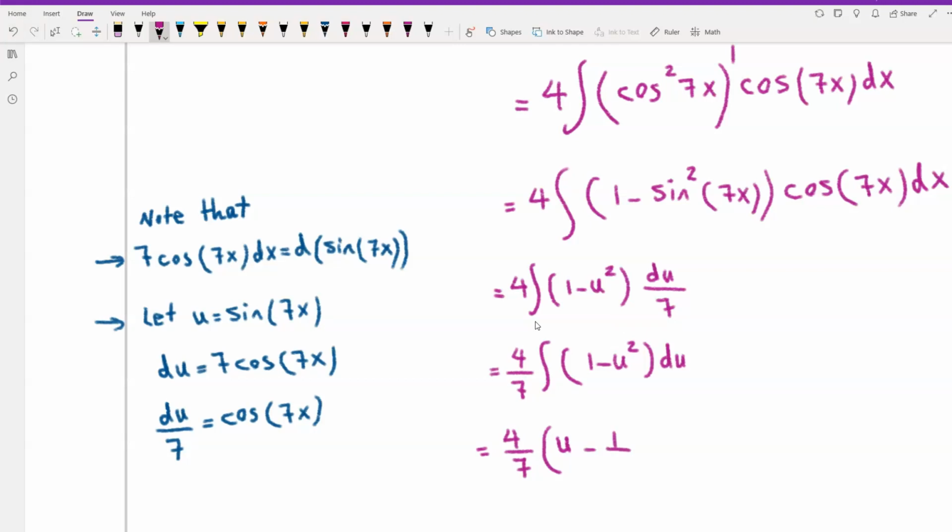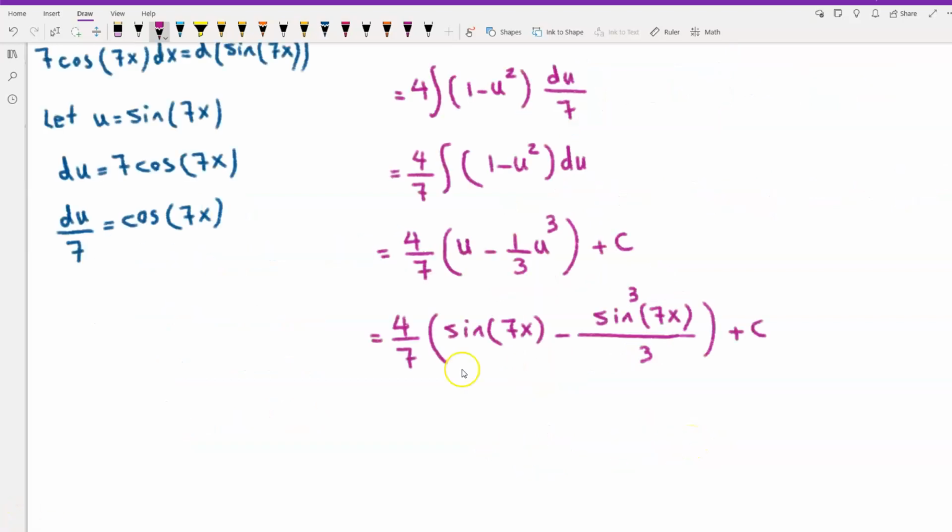So we're going to have 1 over 3 u cubed plus constant c. And finally, instead of u, what we had here was sine 7x. So use that one here. And then minus sine cube 7x divided by 3 plus constant. So our final answer is equal to 4 over 7 times sine 7x minus sine cube 7x divided by 3 plus constant.